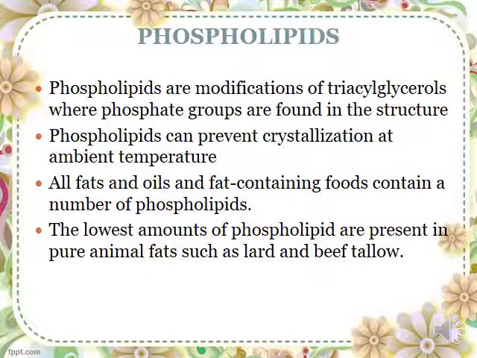So all fat and oil containing food will have phospholipid in them, and the lowest amounts of phospholipid are present in pure animal fats, such as lard and beef tallow. High phospholipid is found in plant origin.